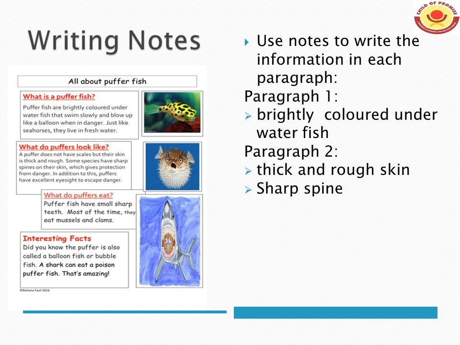Yes, they have. Some species have sharp spines on their skin. Excellent eyesight. Yes, in addition to this, puffers have excellent eyesight to escape danger. So in my paragraph 2, I have these keywords as my notes.